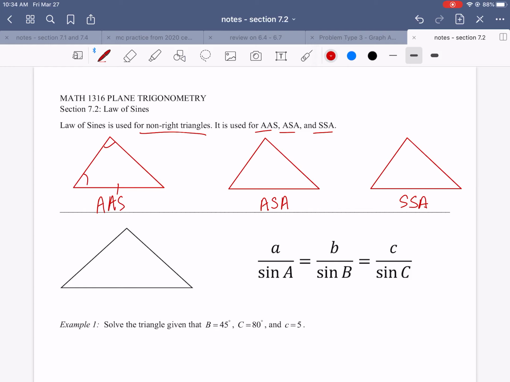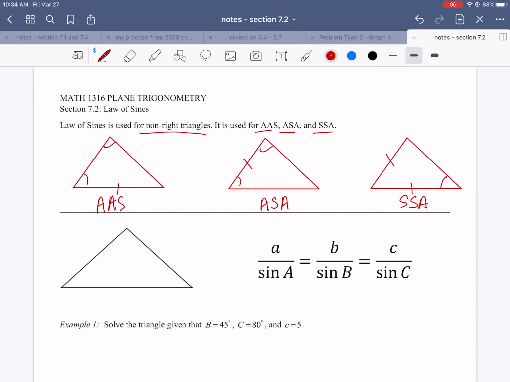Angle, side, angle means that you're given two angles consecutively and then the side that's in between those two angles. And then side, side, angle means you're given two consecutive sides and then the angle that follows it as you go around the triangle. So those are the three situations in which we use law of sines.